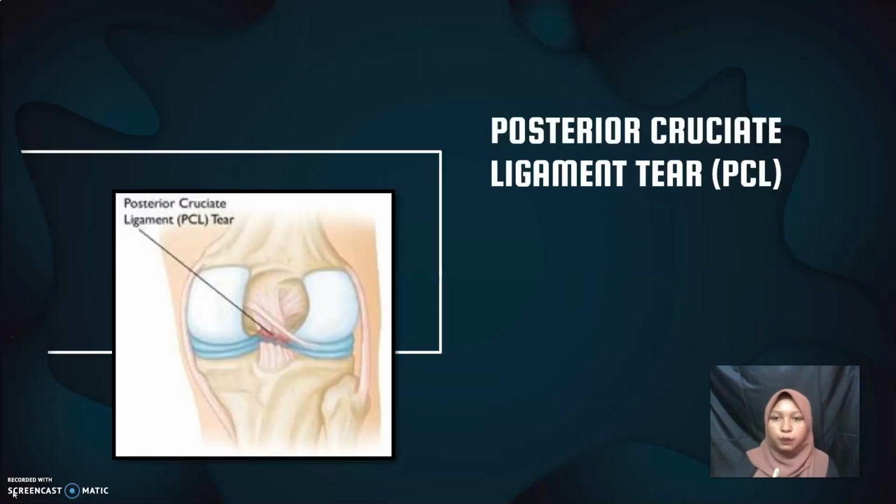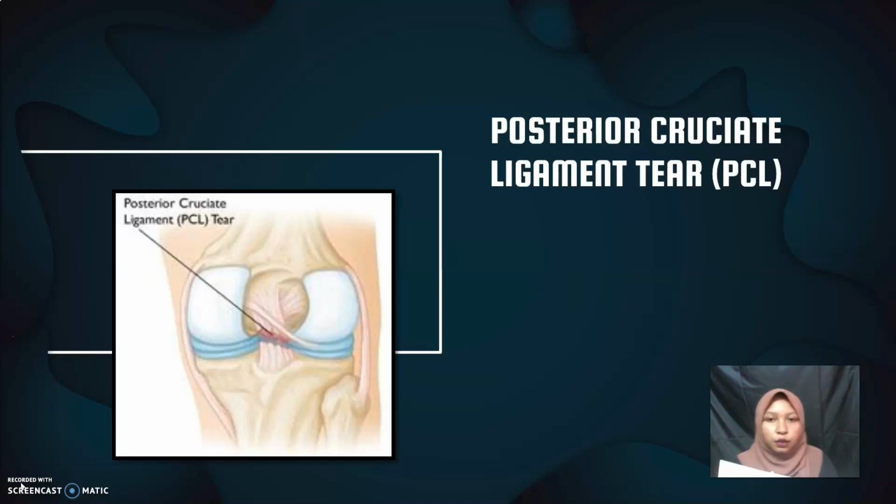Next is the PCL. PCL is a posterior cruciate ligament tear. The PCL keeps the tibia from moving backward too far. For your information, the PCL is stronger than the ACL, and it is injured less often.